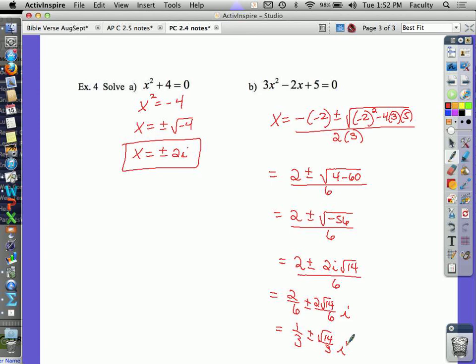All right, the back of your notes is blank, so we're going to do just a few extra practice problems here. Okay, so turn your paper over.